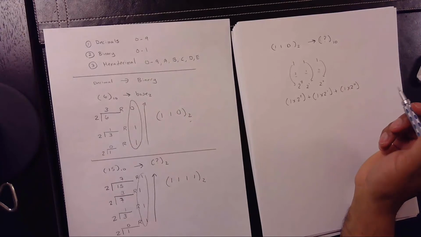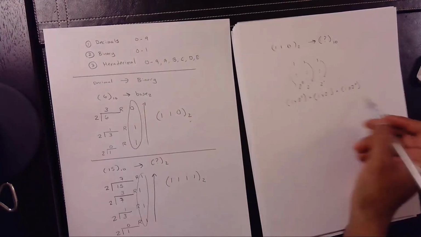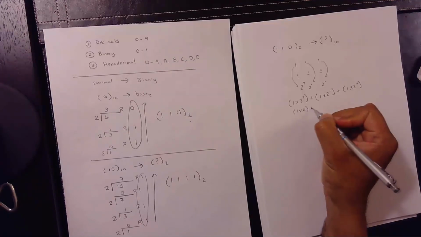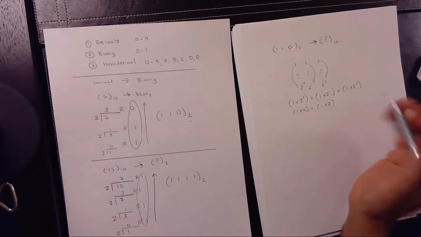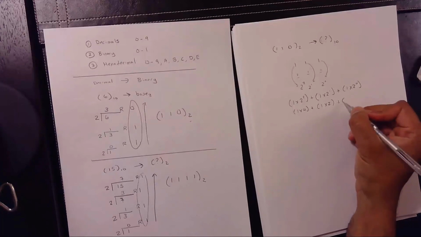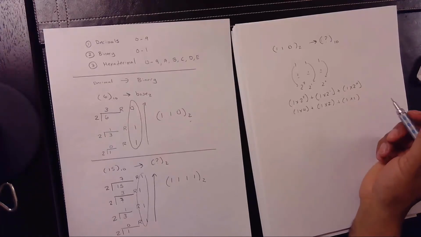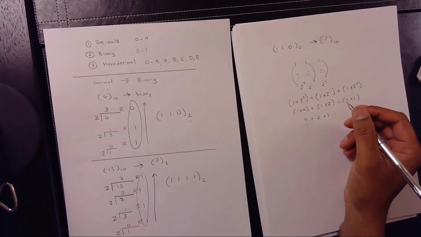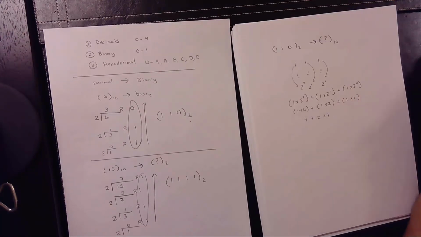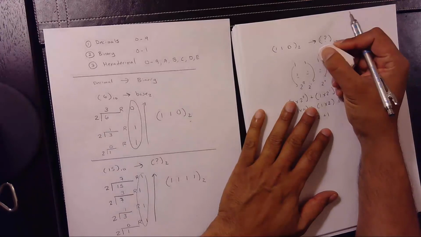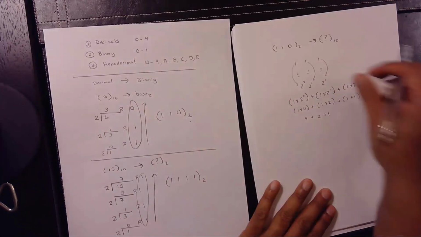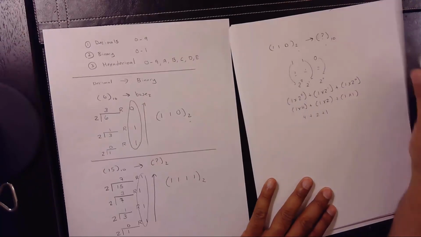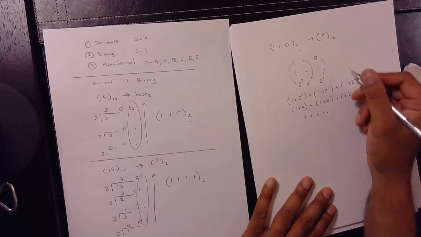That's how we get these numbers. If we add them out, we get 1 times 4 plus 1 times 2 plus 1 times 1. I'm sorry, that's wrong. Hold on, let me change this. This is really a 0. This is a 0.